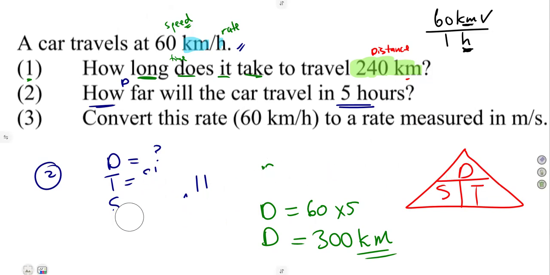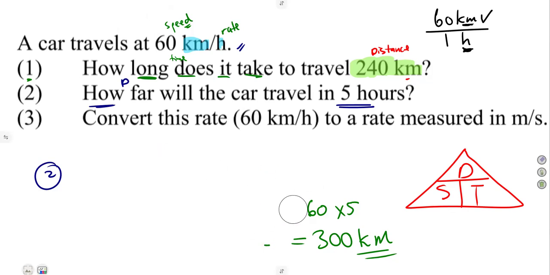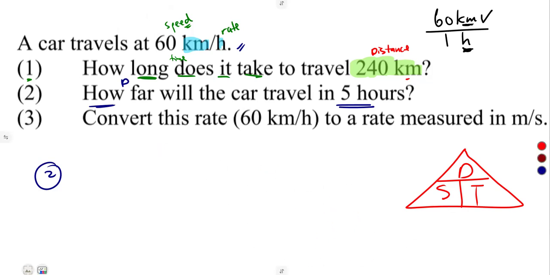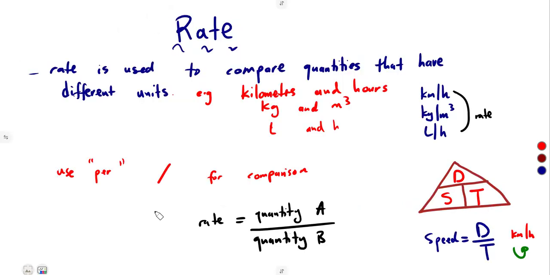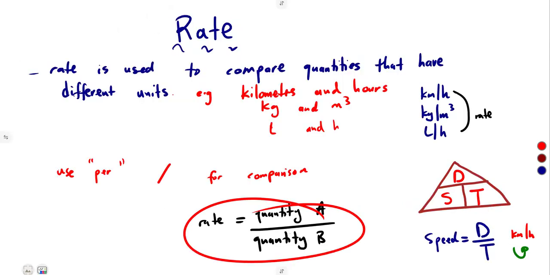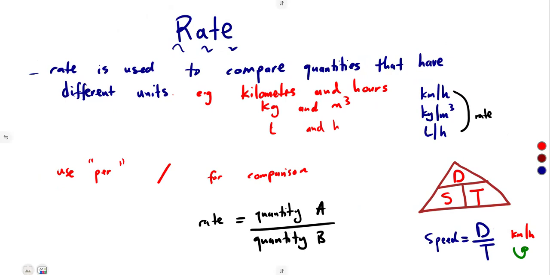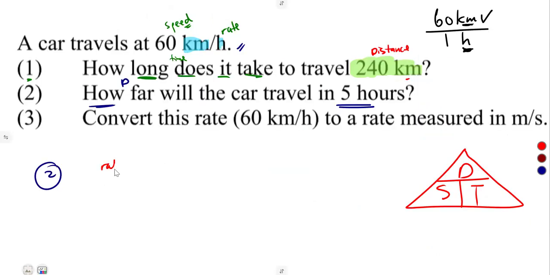You are done if you are using this DST concept. But if you are using the rate, you go back and apply it in this manner. Rate is equal to quantity A over quantity B, which is very true. So our rate in this case is 60. Rate is 60, equal to quantity A over quantity B. Remember we said from kilometers per hour, quantity A is distance, B is time.